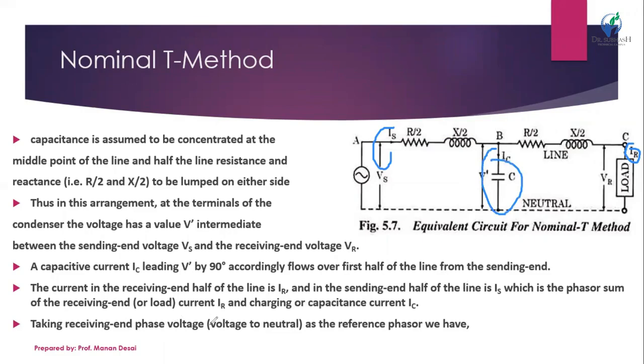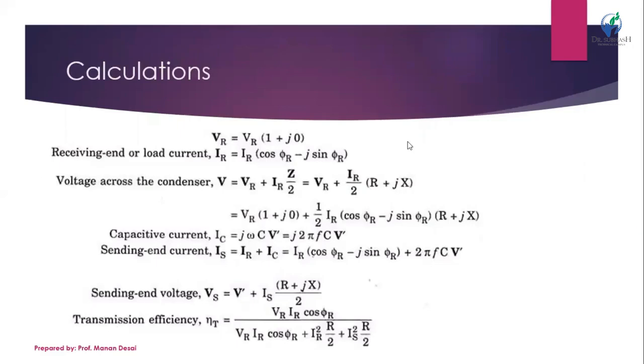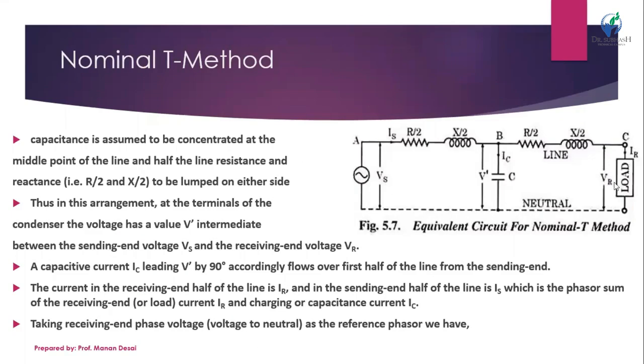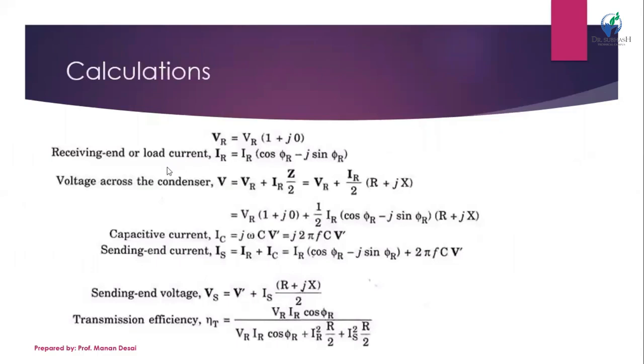Taking the receiving end phase voltage as the reference phasor, we have the calculations. VR is equal to VR plus j0. The receiving end or load current IR is equal to IR (cos phi R minus j sin phi R).